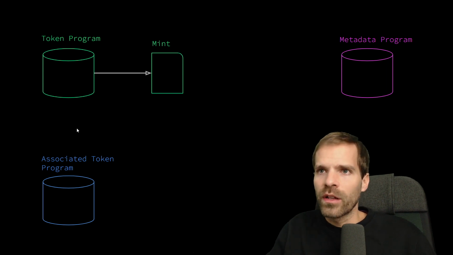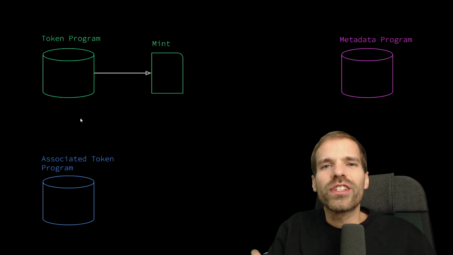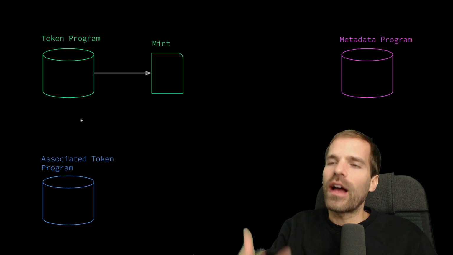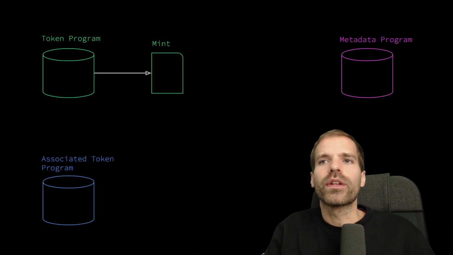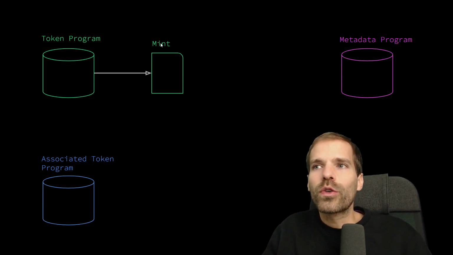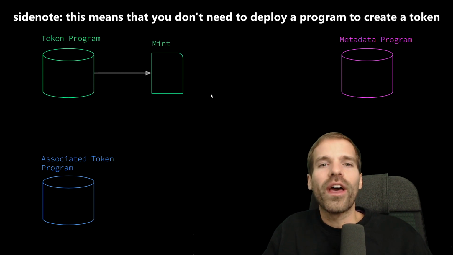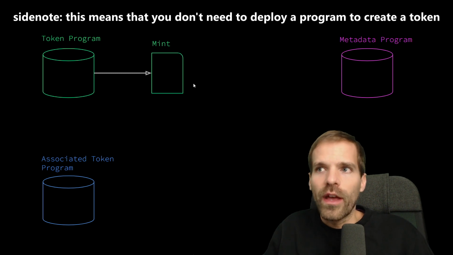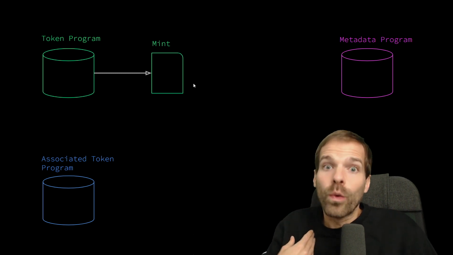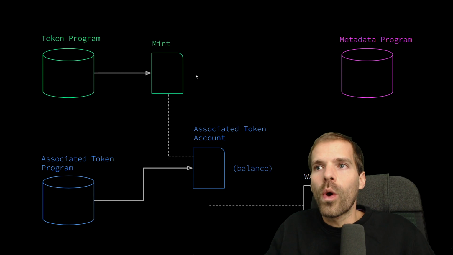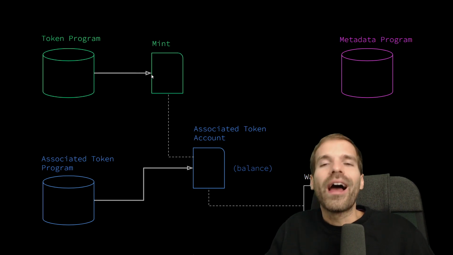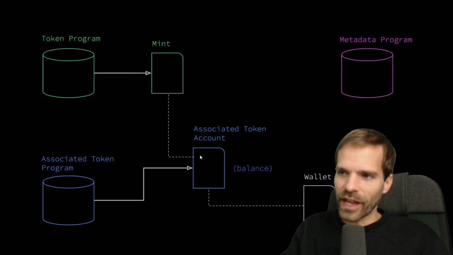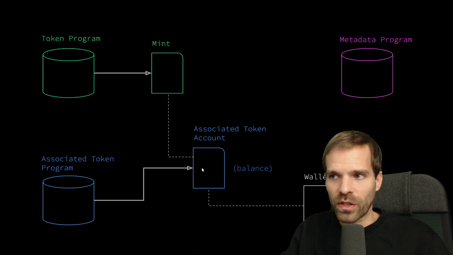But in general, a token program also just works with accounts. Again, on Solana, everything is an account. So if we create a token, we create an account called the mint account, and that basically represents the token. Now, if my wallet wants to hold those tokens, I need yet another account, the so-called associated token account.